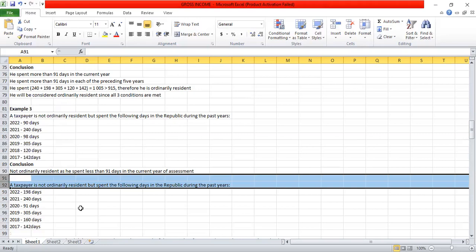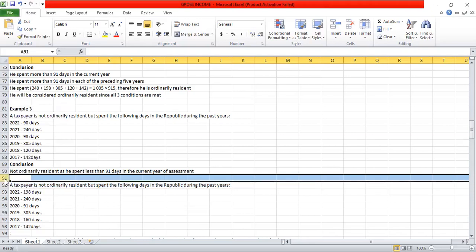In the total days, let me just verify the total days. They are 905. So it doesn't meet the first and third. Maybe let me just write those also.